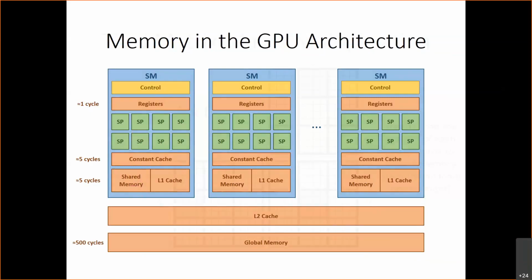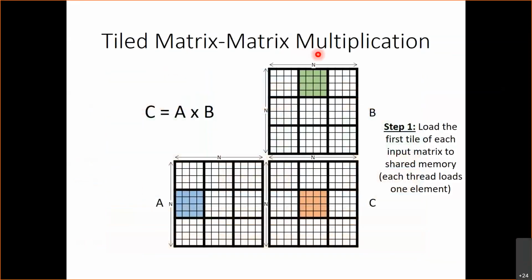So, for example, in the tiled matrix multiplication, what we observed is that rather than having each thread load an entire row and an entire column of A and B respectively, we had the threads that are in the same block collaborate in loading a tile of A, where every thread that's assigned to one of these output elements will load only one element in this tile.